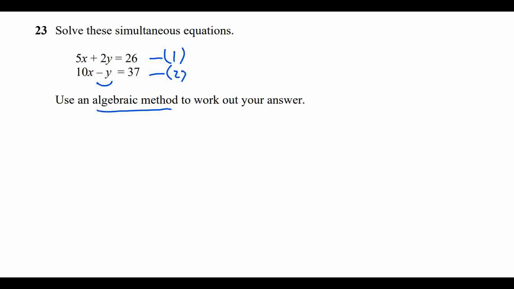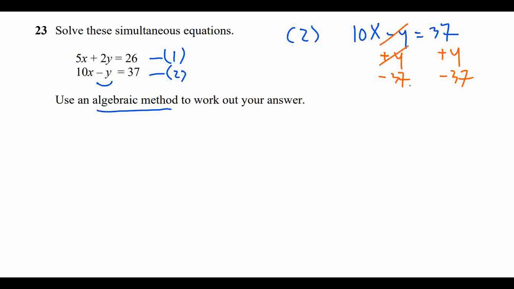For the second equation, what we can do is we can set y as the subject. So 10x minus y equals to 37. Now if we want the y to be alone, what we have to do is add y to cancel the y on that side, and minus 37 to cancel 37 from the right side. So now this cancels out and this cancels out.